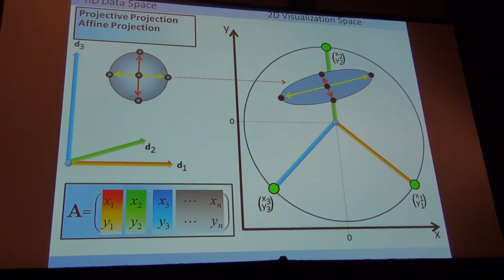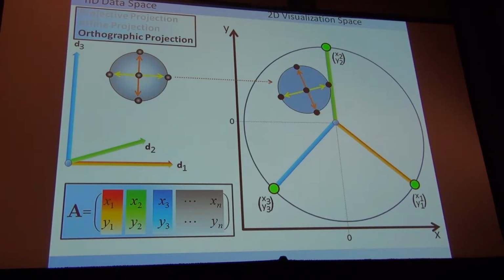To prevent this effect, we can use orthographic projections. For orthographic projections it applies that the distance between 2 points in the visualization space cannot be larger than the distance of the related points in the data space. So distortions are avoided this way, which means that a hypersphere is mapped onto a circle in the visualization space with the same radius.